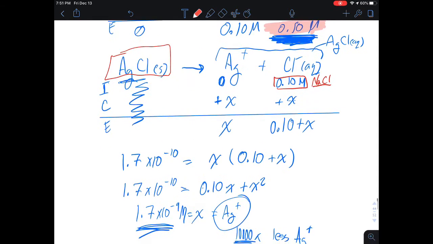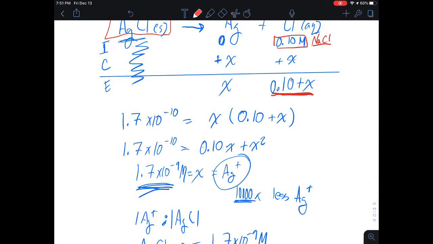This changes everything, because now the amount of chlorine has a starting concentration, and we know that the math is going to be very different.